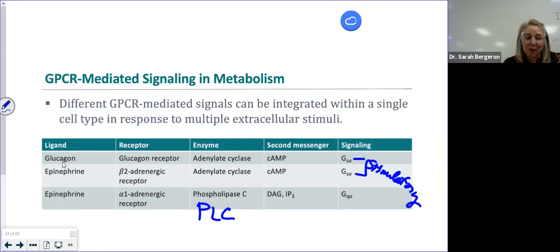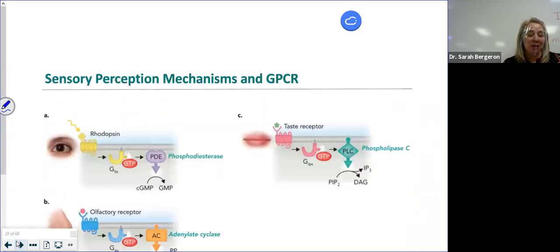But glucagon, when bound to the glucagon receptor, will activate the same enzyme, the same second messenger, the same downstream targets. So technically, because it's beta-2, it's activated by epinephrine, but it has the same response as glucagon binding to the glucagon receptor. Yep, you got to kind of be careful about those things.